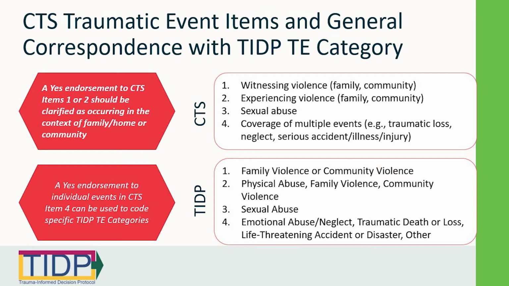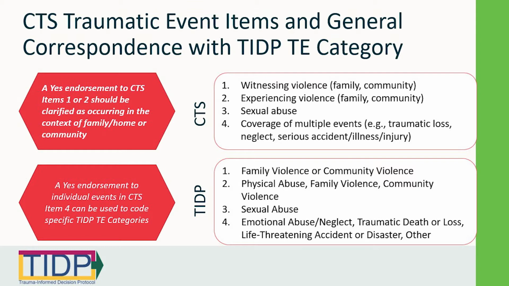AJ's third endorsement on traumatic events was item number 4. That item number 4 is that laundry list, but what AJ acknowledged during the CTS administration was a history of emotional abuse, the sense of being abandoned by his mother after the fire. He also acknowledged the traumatic loss, where his brother was killed in the fire when he was very young, and the more recent death of his friend as well.